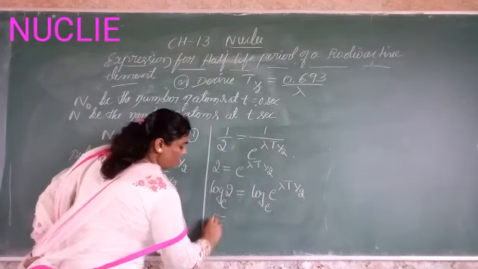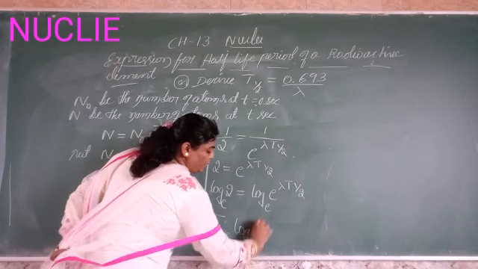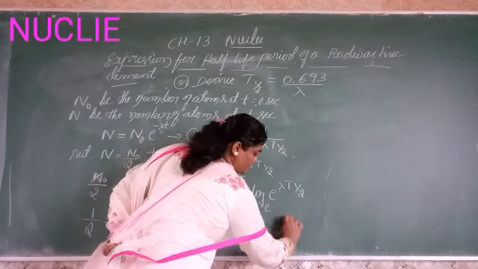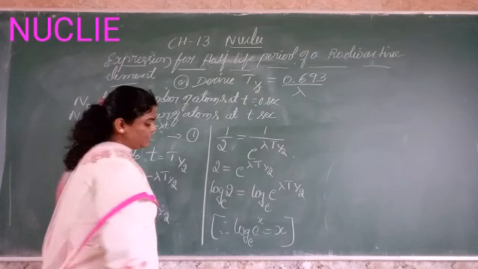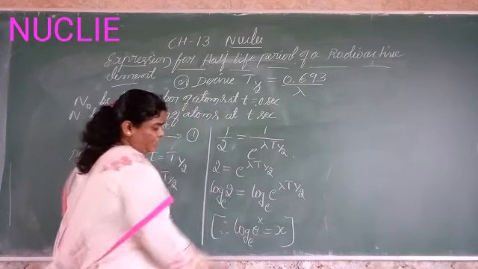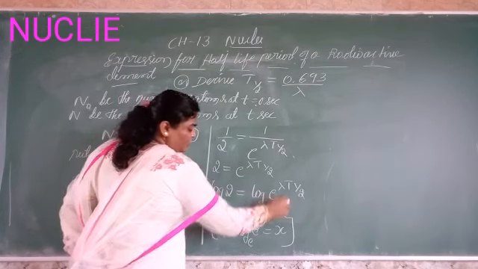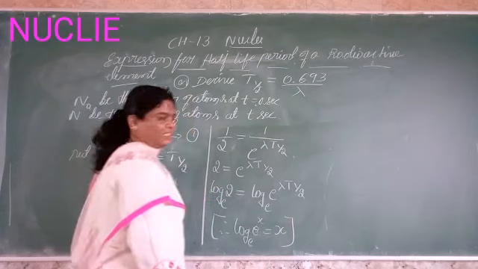So we know the formula: log base e of e to the power of x is equal to x. So e to the power of x inside the log gives x.